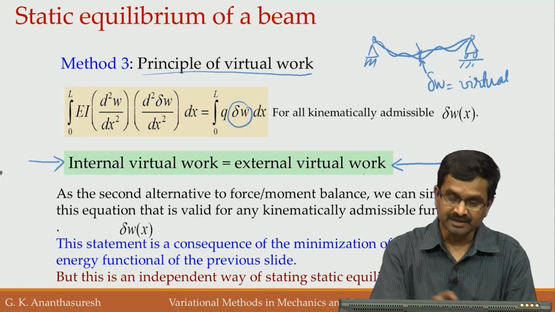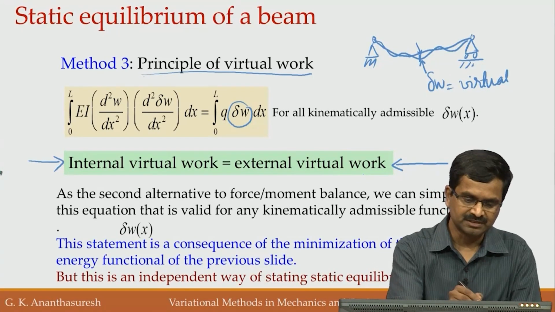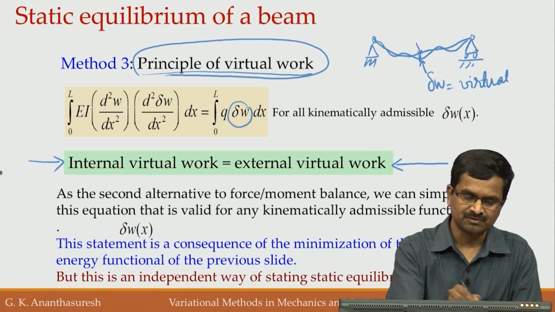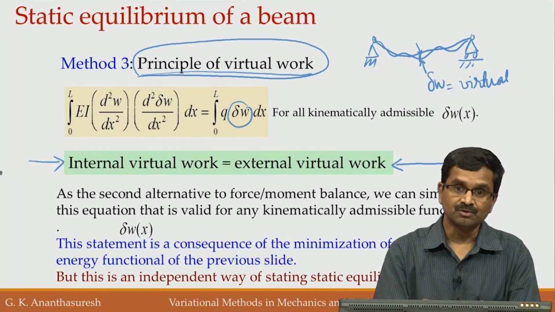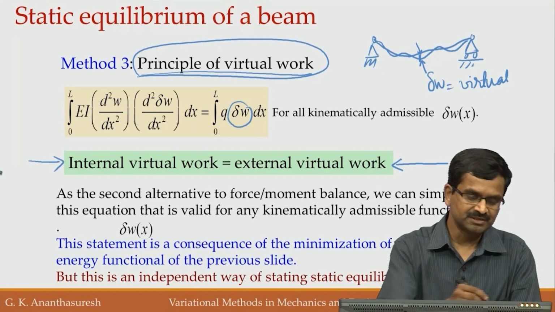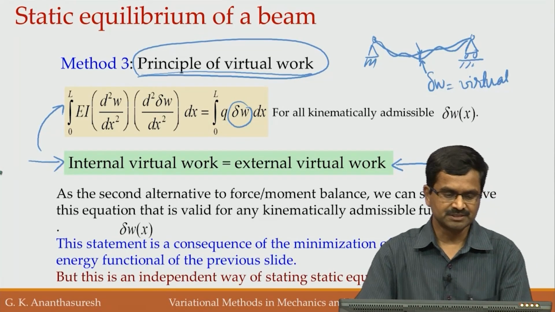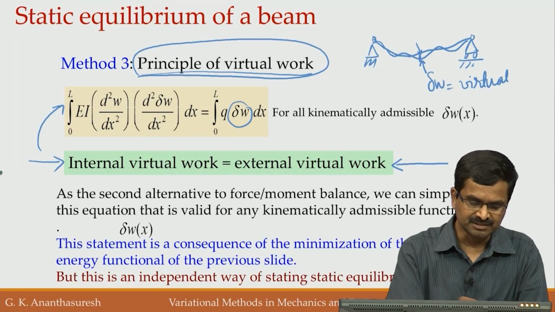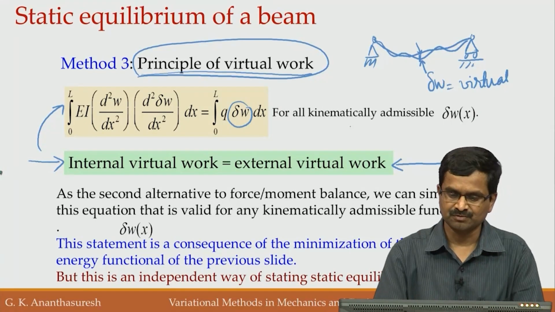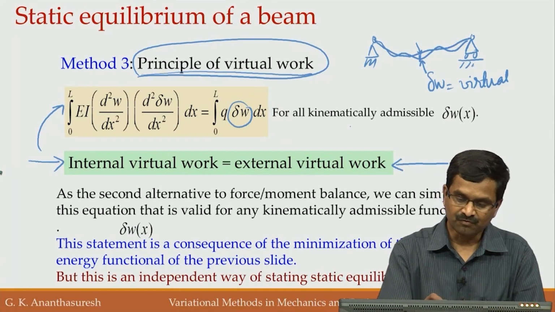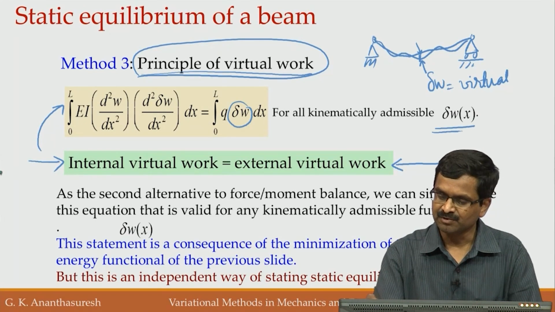Now, when these two are equal, that is what the principle of virtual work says, and that also gives you an equilibrium equation which looks like that, which says that this side is internal virtual work, this side is external virtual work, and this is true for any delta W x.